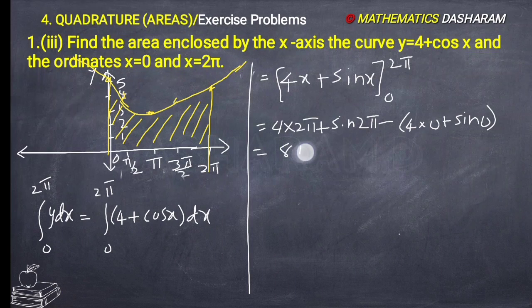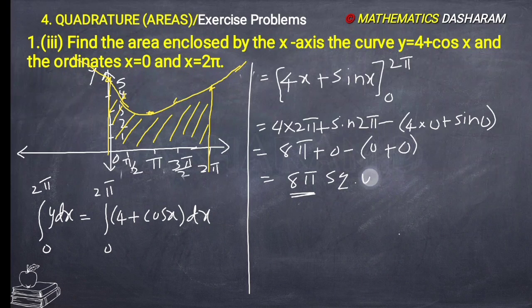So 4 2s are 8 pi plus sin 2 pi, whose value is 0, minus 4 into 0, which is 0, and sin 0 is 0. Now our required answer is just 8 pi square units, because it is an area.